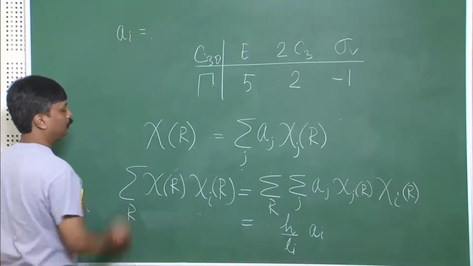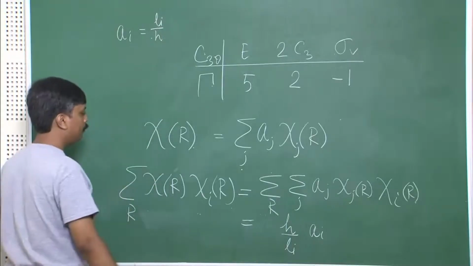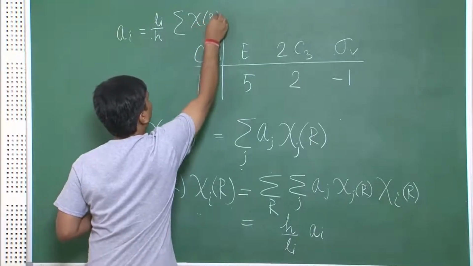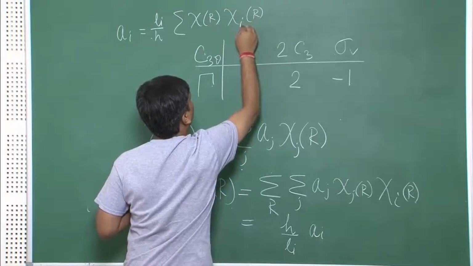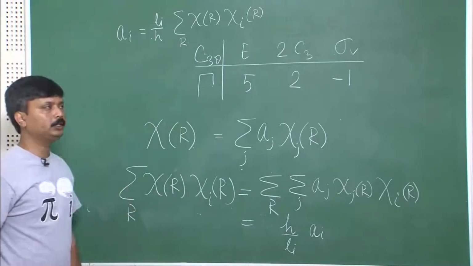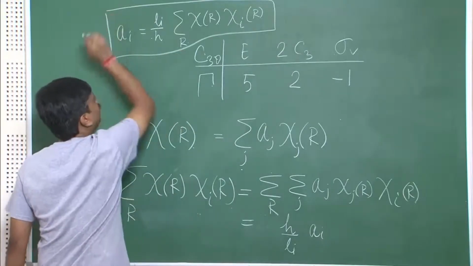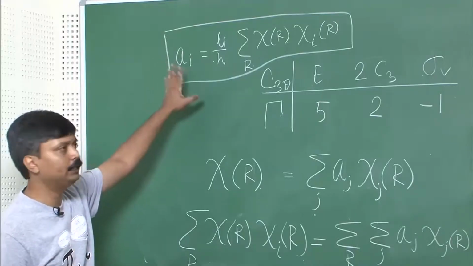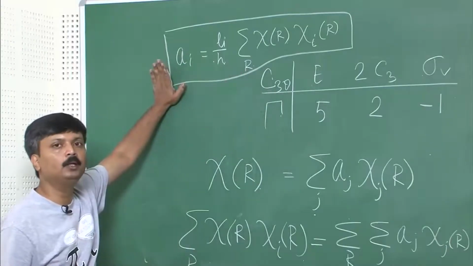Ai equals to li by h, order of the group, into this, into chi of R, into chi of R for the ith irreducible representation, and summed over all the symmetry operations. So this is a very useful relation for us. This will tell me if I form any representation such as this and try to reduce it. So this will help me doing that job.